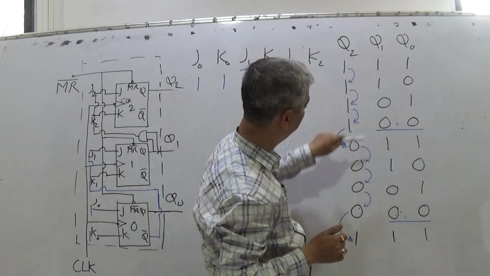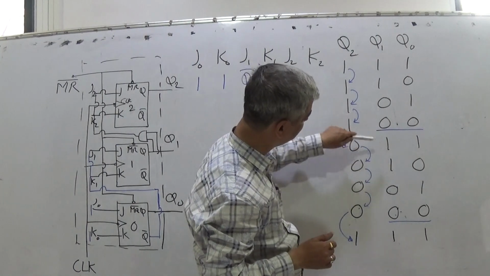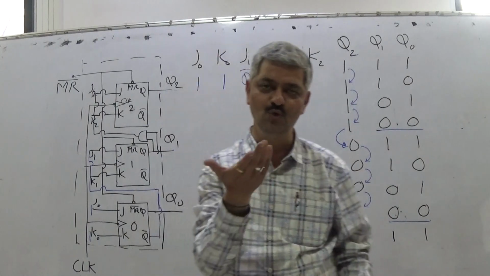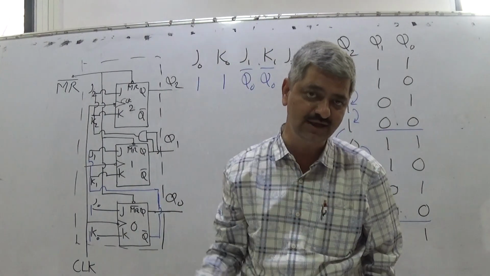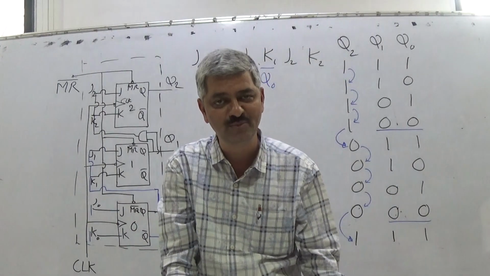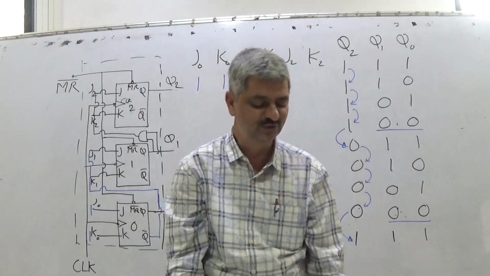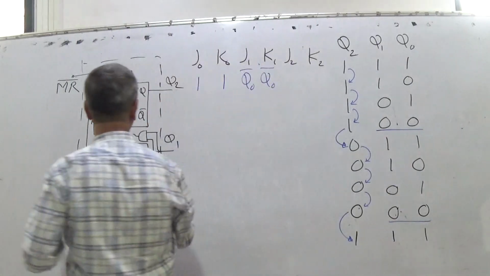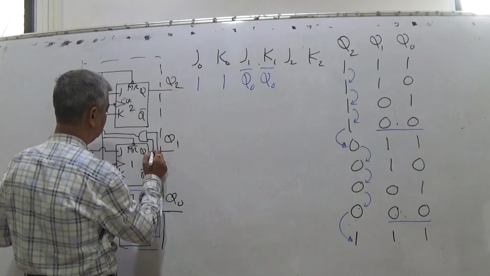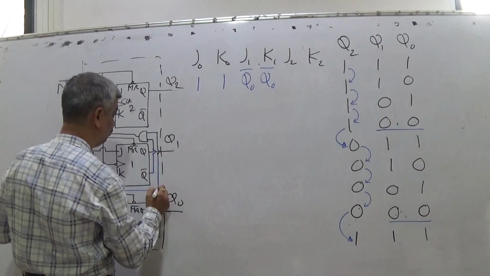Other than 0, 0 it continues, and at 0, 0 it toggles. So when Q1 is 0 and Q0 is 0, toggling takes place. Q1 0 means Q1 bar is 1, Q0 0 means Q0 bar is 1. So instead of ANDing Q1 and Q0, I AND Q1 bar and Q0 bar.